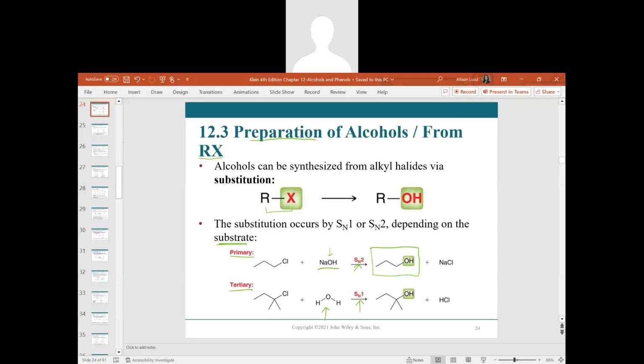Just like a primary substrate generates a primary alcohol, we see down here that a tertiary substrate would generate a tertiary alcohol. So know how to identify if you have a primary or tertiary alkyl halide, and which mechanism would generate your primary or tertiary alcohol, SN2 or SN1.